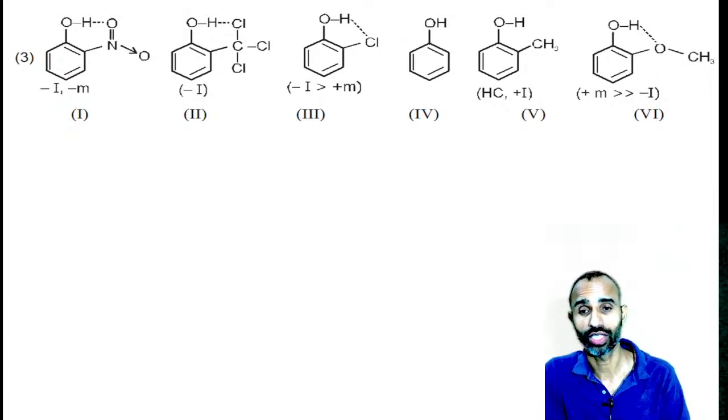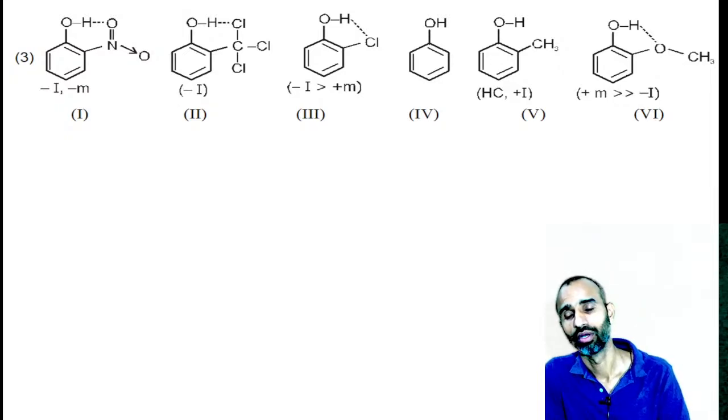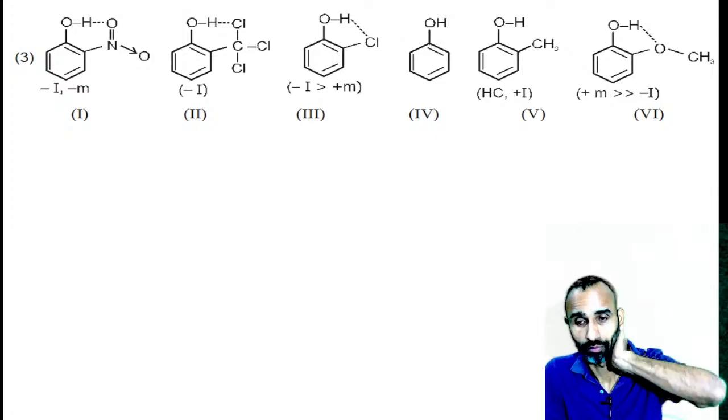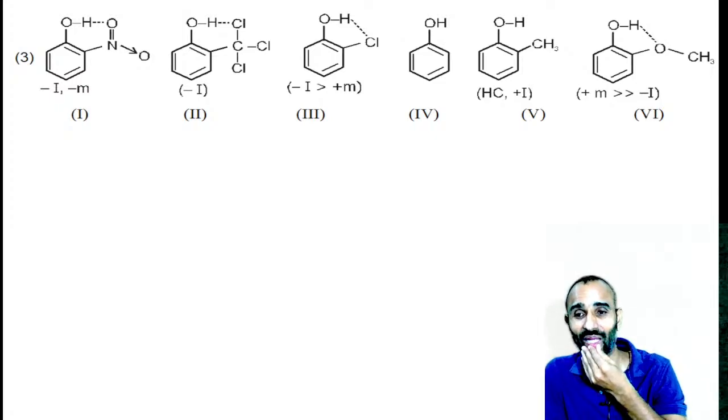OH and Cl, there is no hydrogen bonding, but there is dipole-dipole interaction. Then it is CH3, and last it is plus M. And I told you hydrogen bonding is not as effective as in the case of fluorine or OH or NH2 or NO2.